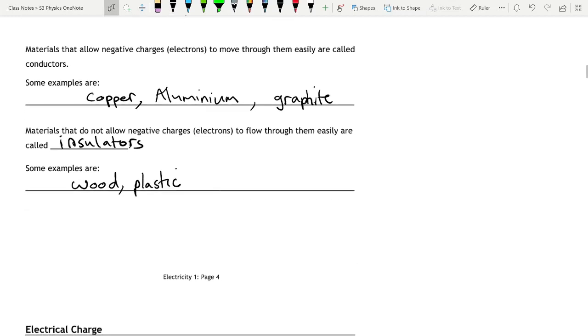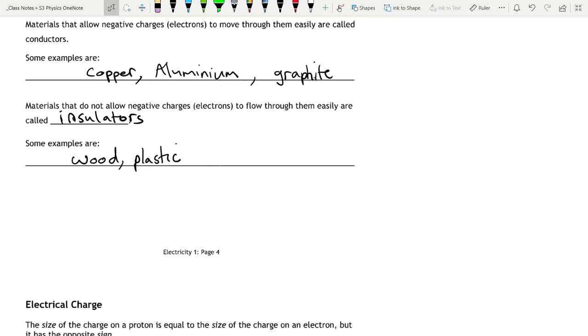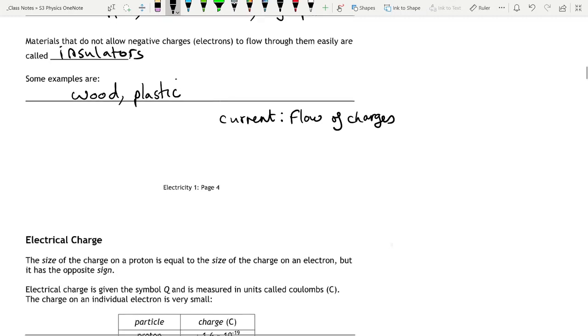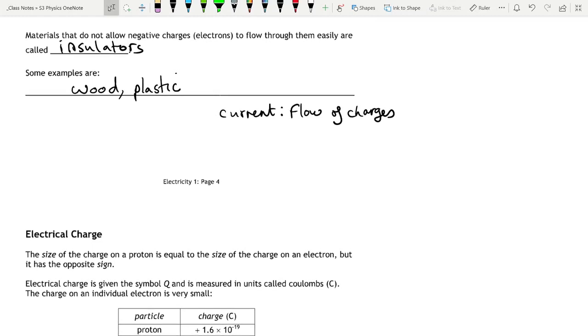Okay. So at the bottom of that page, you should have a little bit of space. I want to write a little summary of current and voltage because the definitions of these come up quite often in exams. So current is the flow of charges, which is flow of electrons. So it's that movement of the electrons moving around.